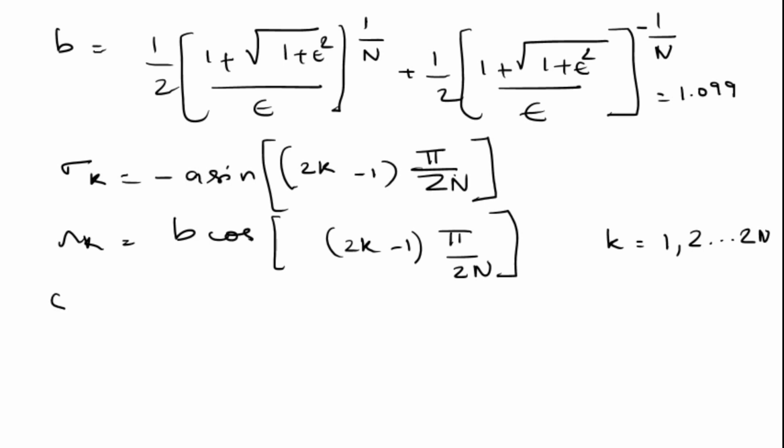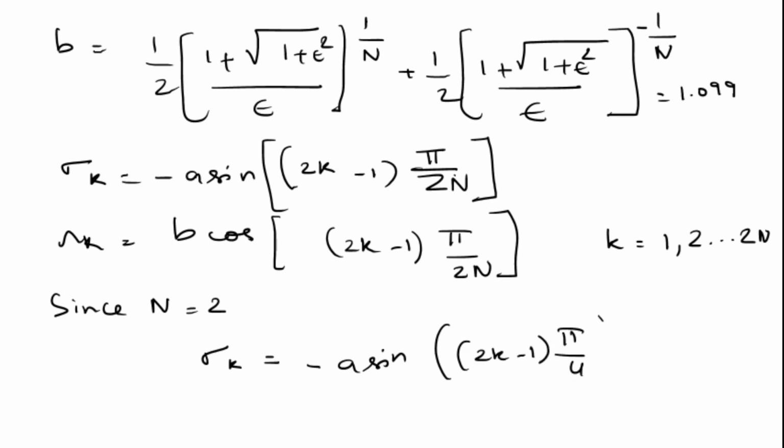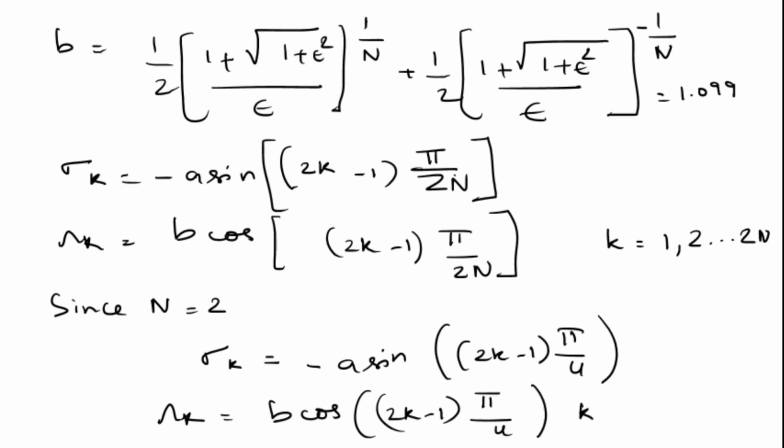Since we have n is equal to 2, we get sigma k is equal to minus a sine (2k minus 1) into pi by 4. Omega k is equal to b cos (2k minus 1) into pi by 4, where k is equal to 1, 2, 3, 4.